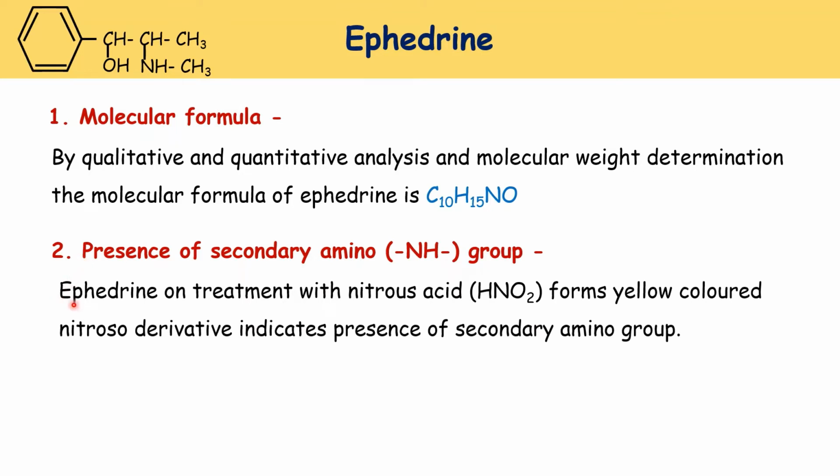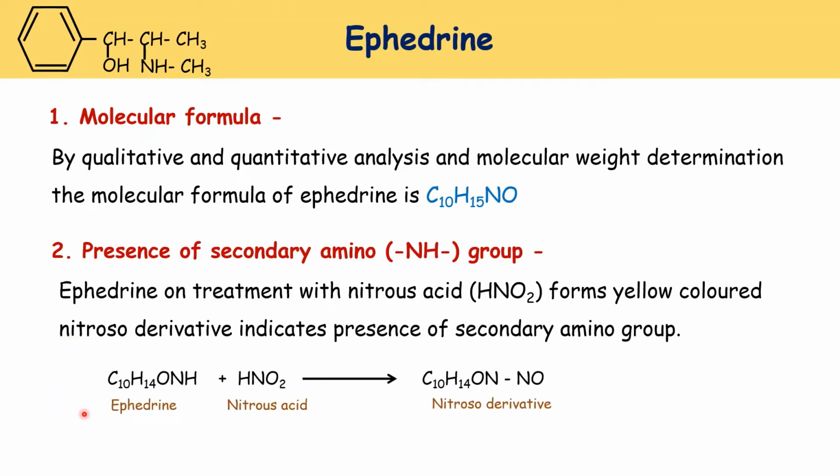Ephedrine on treatment with nitrous acid forms a yellow colored nitroso derivative, which indicates presence of a secondary amino group. This is the reaction. Ephedrine has a secondary amino group, and when it is treated with nitrous acid we get the nitroso derivative.